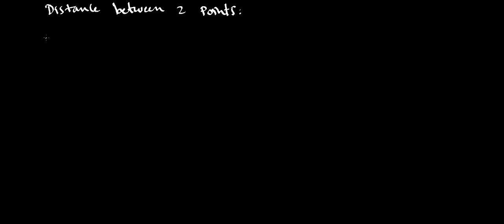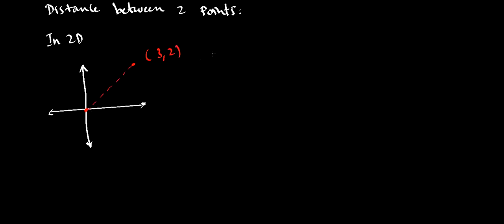Just a reminder, I want to remind you of how we used to do it in 2D. So in 2D, let's say you're trying to find the distance between the origin and this point over here, which has the coordinates 3, 2. Trying to find this distance over here.